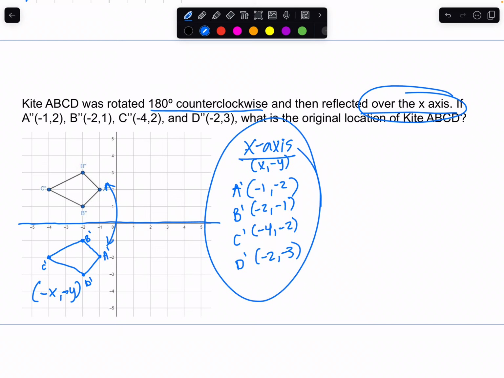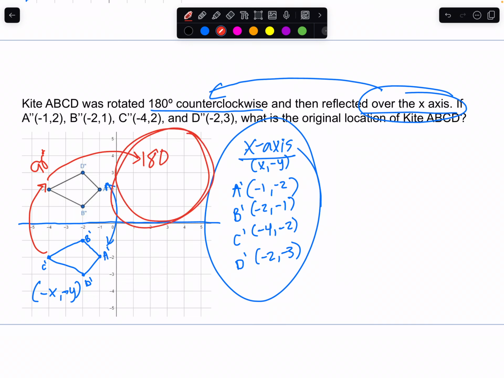Now I want to do a 180-degree rotation. Now, a 180-degree rotation means that I'm going to go back up here is 90 degrees if I'm undoing it, and then I'm going to do another 90 degrees, which gives me 180. So I'm looking for my answers to be over here where both the x and the y are both positive.